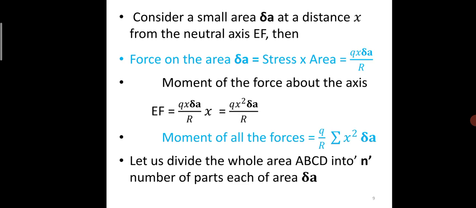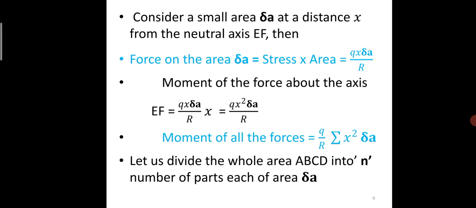Then consider a small area delta A at a distance x from the neutral axis EF. Then the force on the area delta A is equal to stress into area, and we know that stress is equal to Qx by R, and area is delta A. The moment of the force about the axis EF is equal to force into distance.